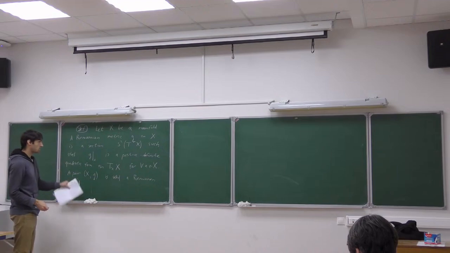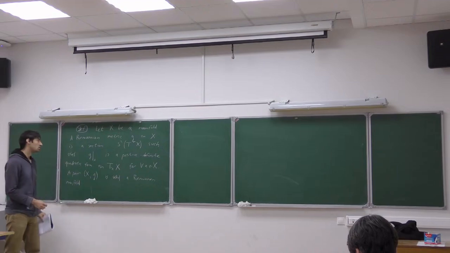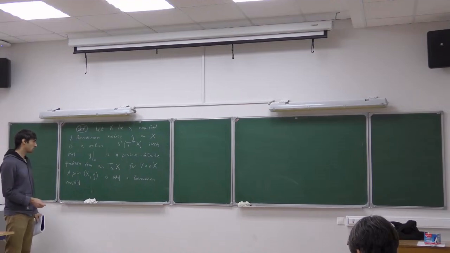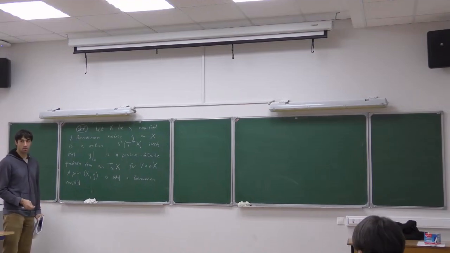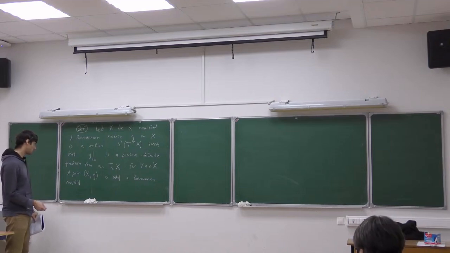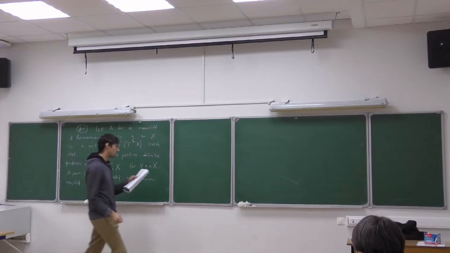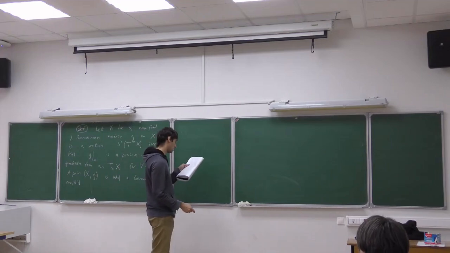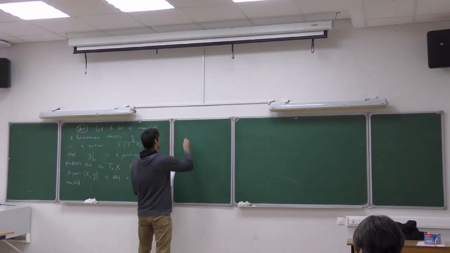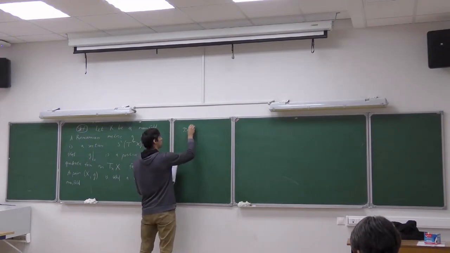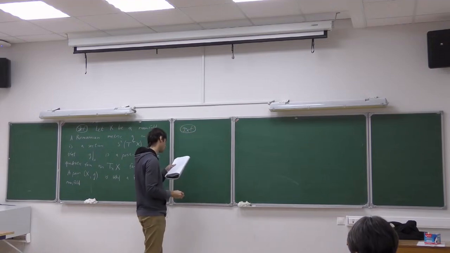Okay, so the idea is that once you have this metric, a Riemannian manifold is actually a metric space. Well, first of all, you can now measure lengths of paths.